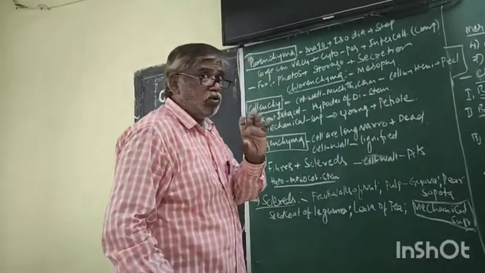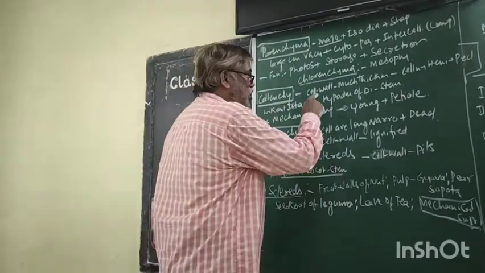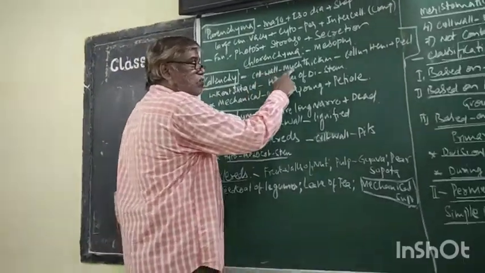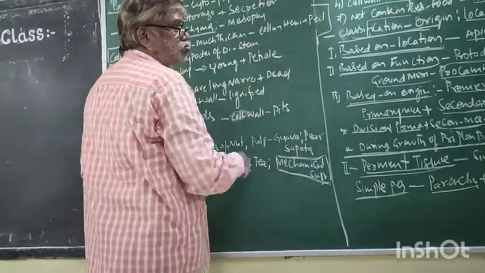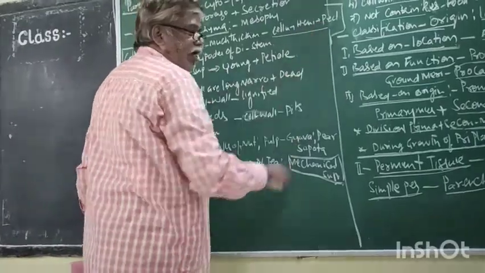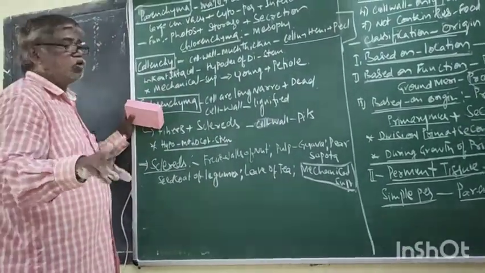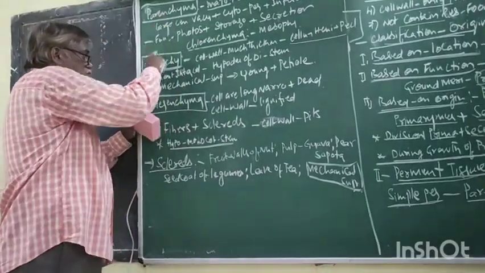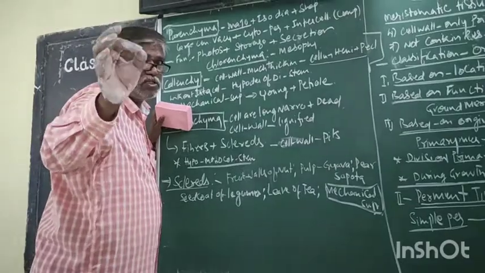Now, more important, the cell wall of collenchyma is thick, made of cellulose, hemicellulose and pectin. At a time I will give the differences between parenchyma, collenchyma and sclerenchyma. In all these three cells, the cell wall must be there.